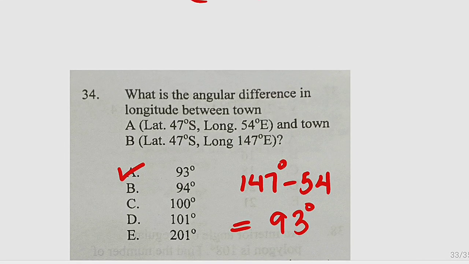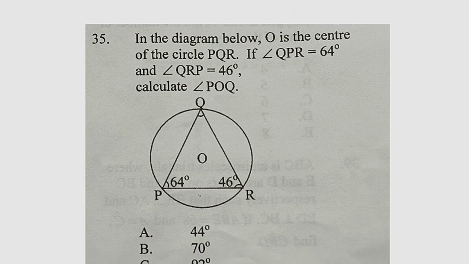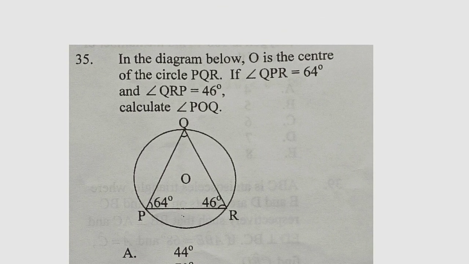Let's move on to question number 35. In the diagram below, O is the center of the circle PQR.